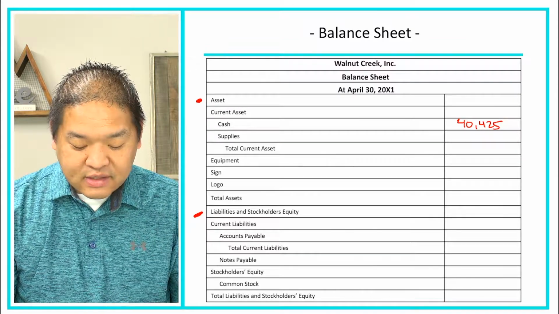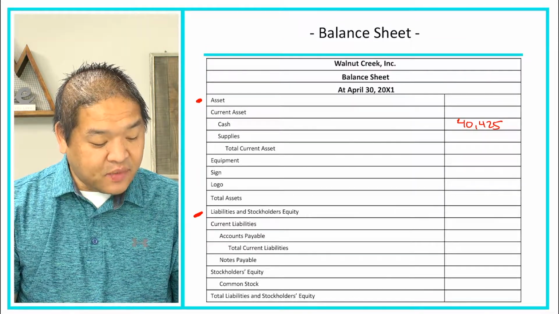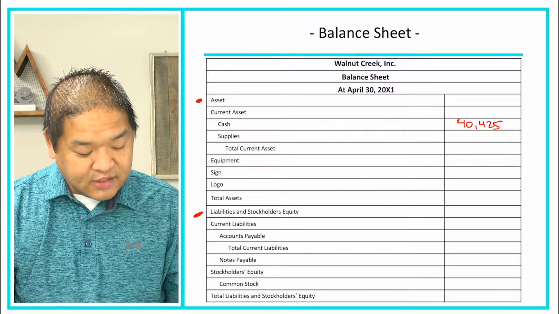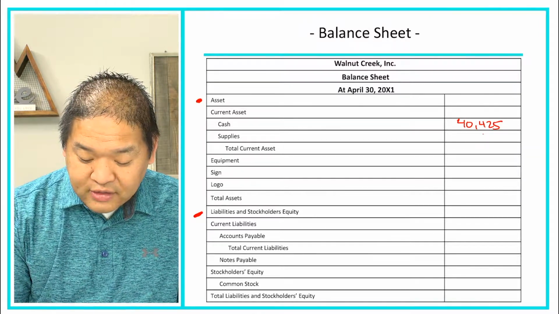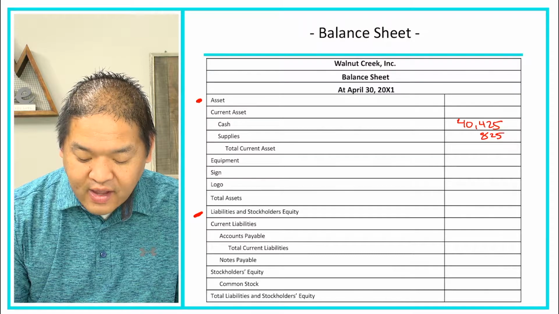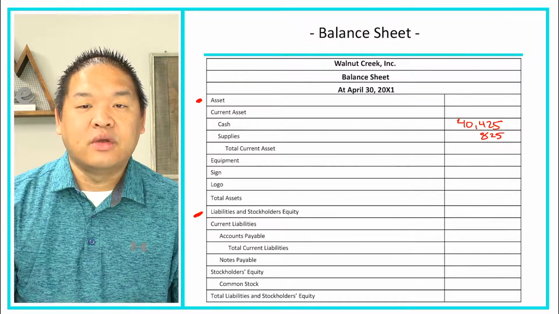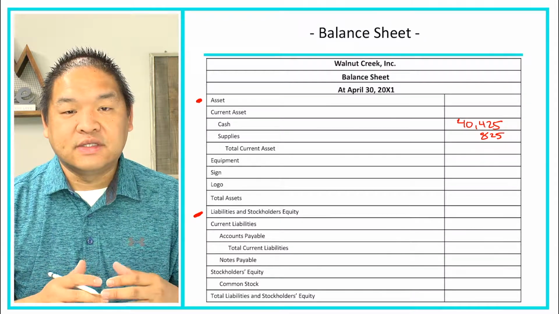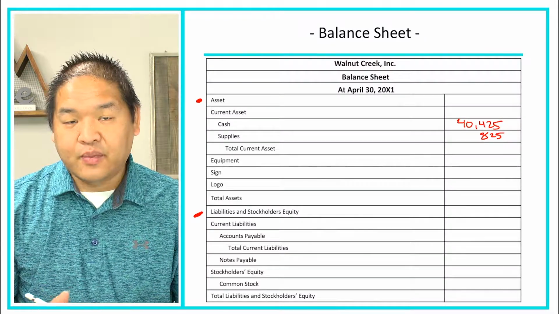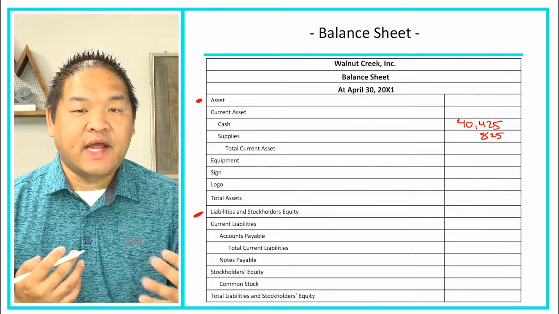All right, moving on to the next one, we've got supplies. Supplies on our trial balance was $825. So I'm going to transfer over $825 to our supplies. Now we see total current assets. What you're going to see on a balance sheet often, in order to really classify it properly, is that we summarize our current assets. Why?